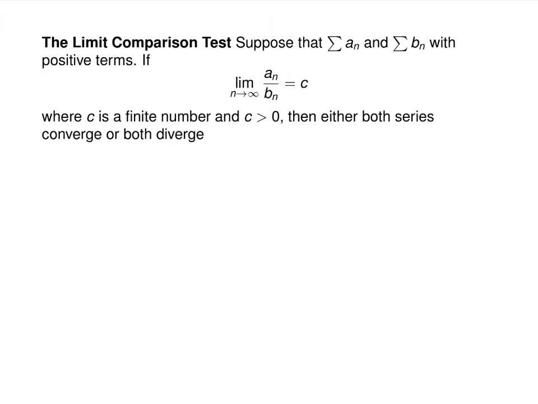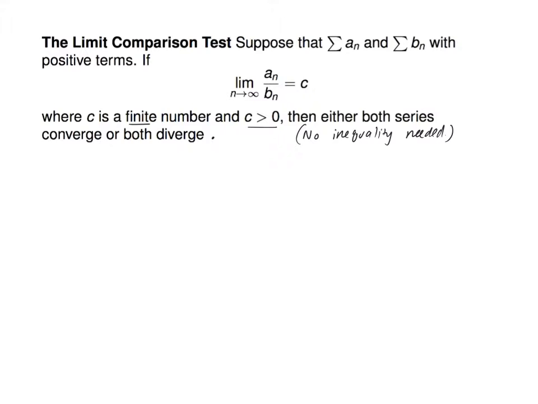So suppose that you have two series with positive terms. If you take the limit of the ratio of their terms, and it's equal to some number c, where c is finite and bigger than 0, then either both series converge or both diverge. The benefit to this test is no inequality needed.